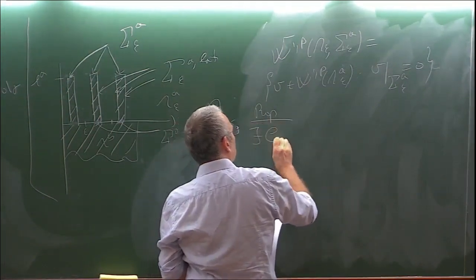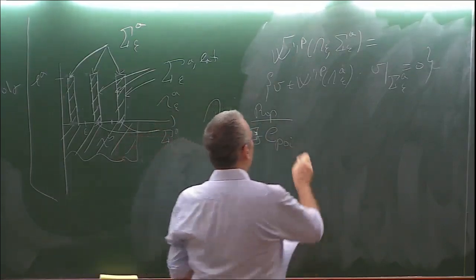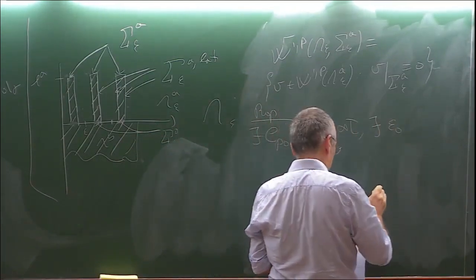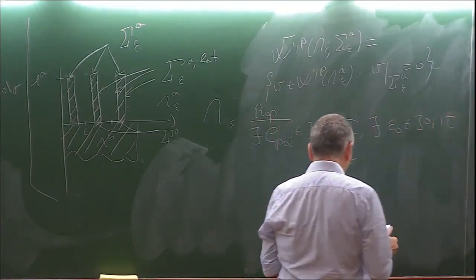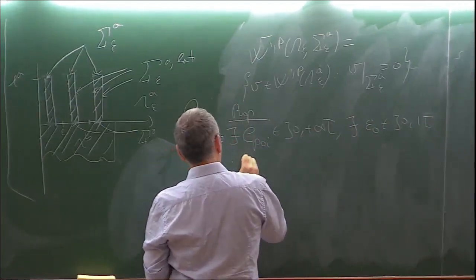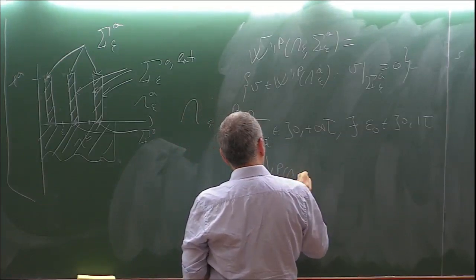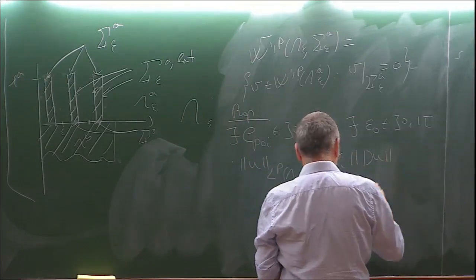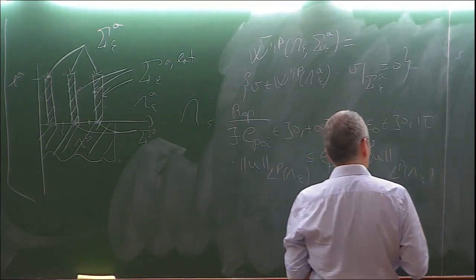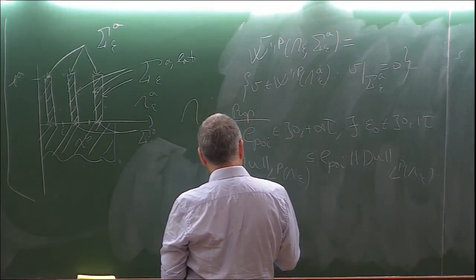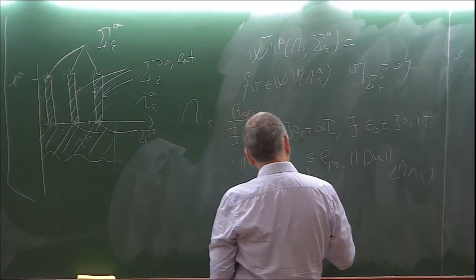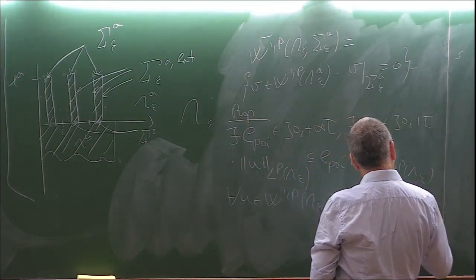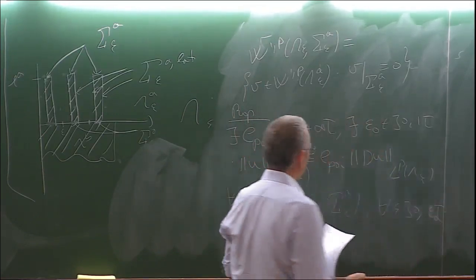There exists a constant, we call it C Poincaré, in (0, plus infinity), and there exists epsilon 0 in (0,1) such that the norm of u in L^p of omega epsilon is less than C times the norm of the gradient of u in L^p of omega epsilon, for every u in W^{1,p} of omega epsilon with zero trace on sigma A epsilon, for each epsilon in (0, epsilon 0).